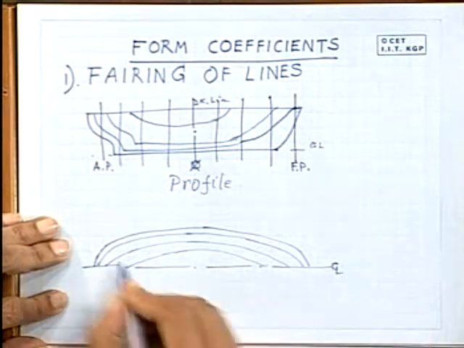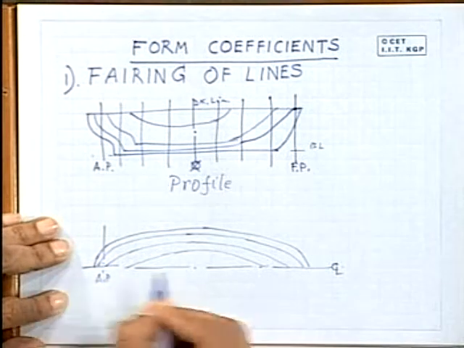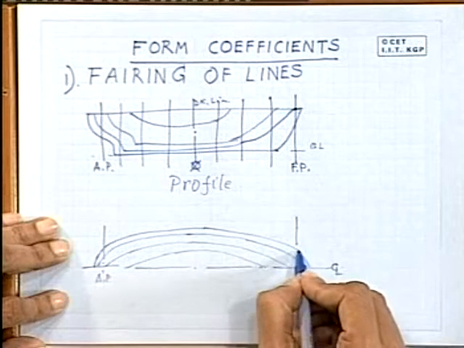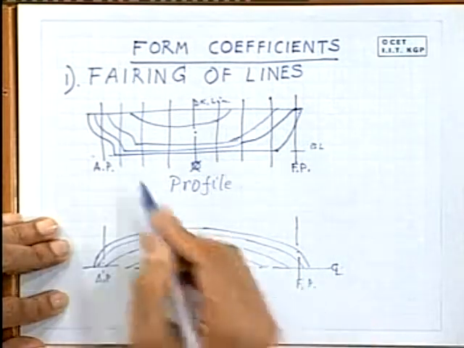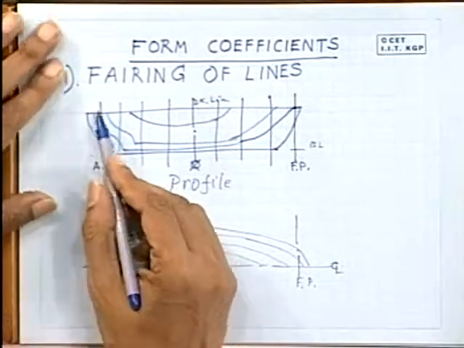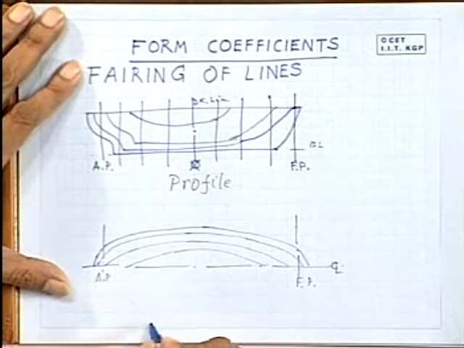This is the center line, and again this is the after perpendicular, and one draws the half-breadth plan. It is better to simply extend the station lines down below. So, this is your half-breadth plan.